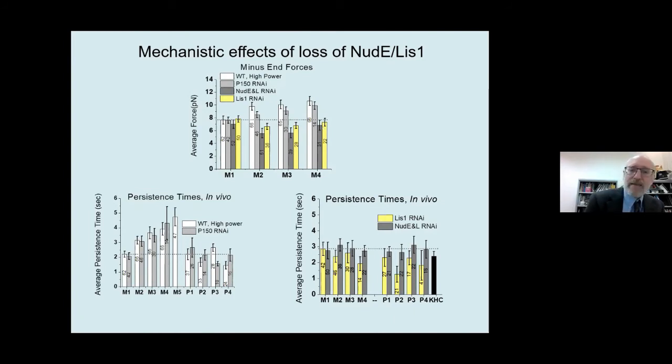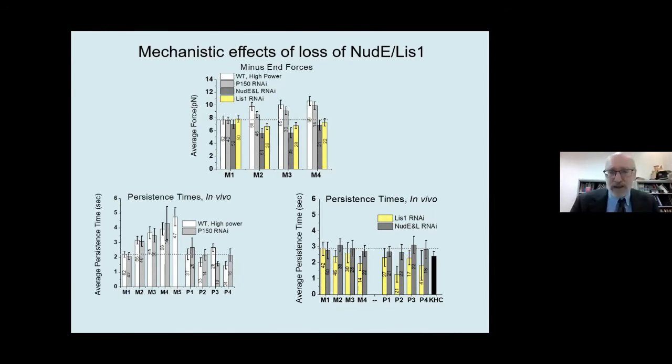Now, in the absence of P150 Glued, which is central for the dynactin complex, you still adapt fine. So you don't need dynactin for this persistence time adaptation. We think that probably what's going on is that you're letting go of dynactin and binding to NudE and Lis1 instead, and that the impairment that you see here in the persistence times is because you're letting go of the dynactin, but you're not getting improved function from the NudE and Lis1.